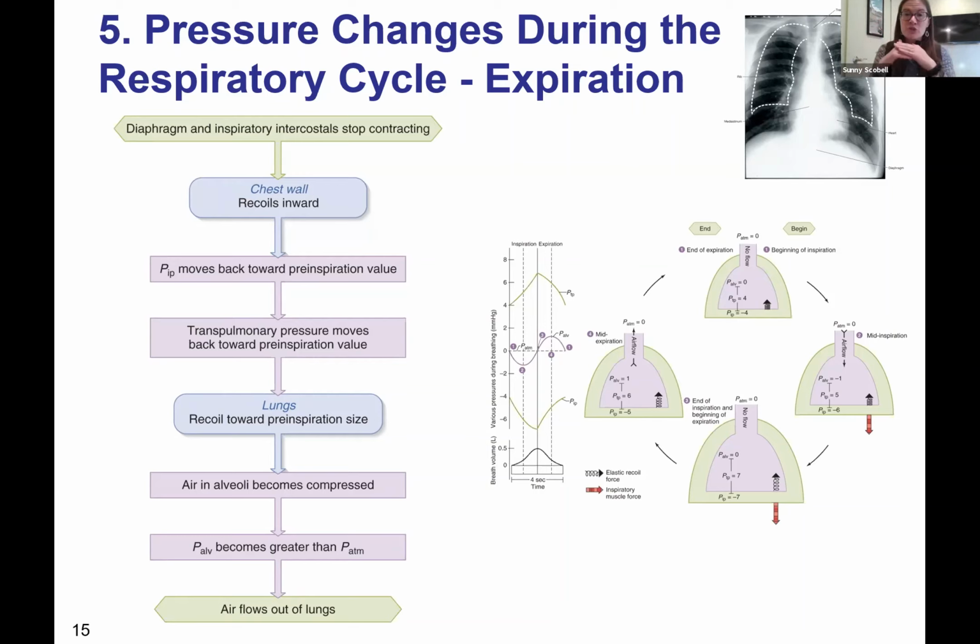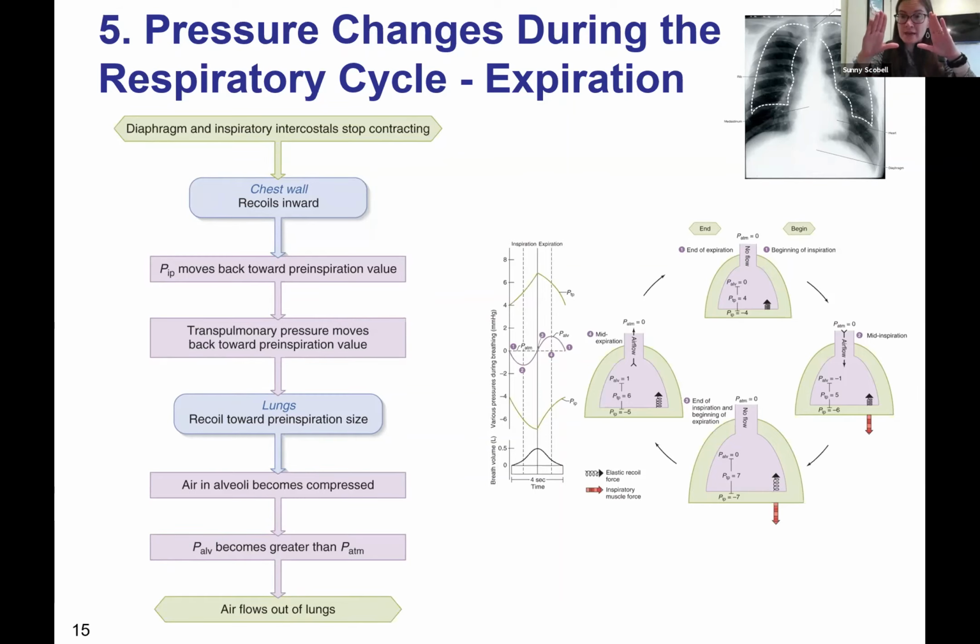So as you stop contracting the diaphragm and the other inspiratory muscles, your chest wall is going to recoil inward. And then that's going to pressurize first the intrapleural fluid. As you make that container smaller, the pressure goes up. So container smaller, pressure goes up. And then as you have more pressure in that intrapleural space, you're going to put more pressure on the lungs.